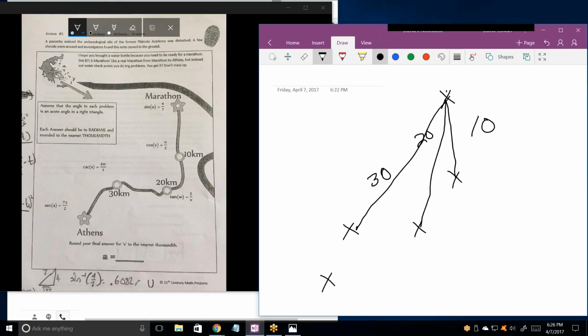Wow, they don't label anything here. They really almost leave it up to your imagination, huh? In other words, we've got an angle U, we have an angle V, we have an angle X, and we have an angle A, and we have an angle W. I'm going to take a wild guess here.